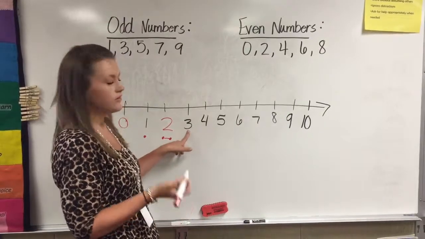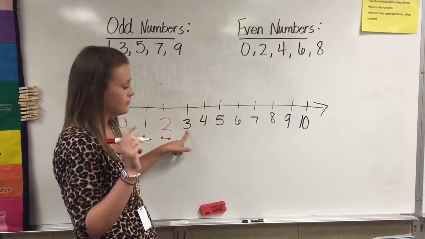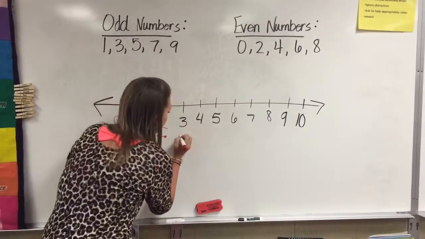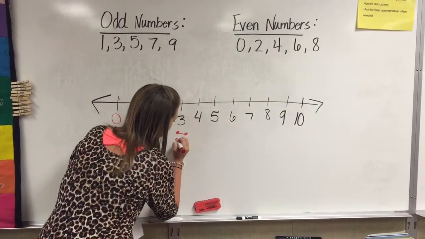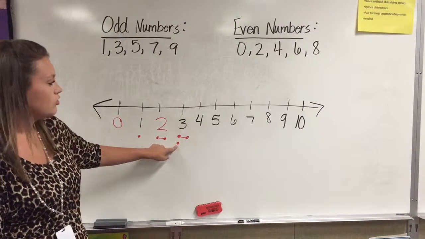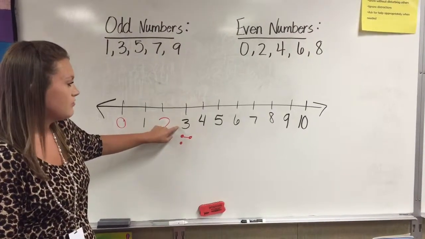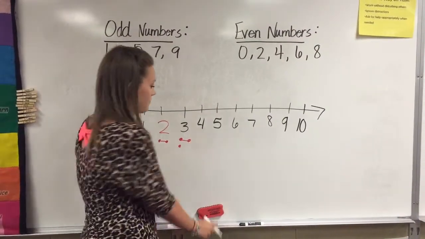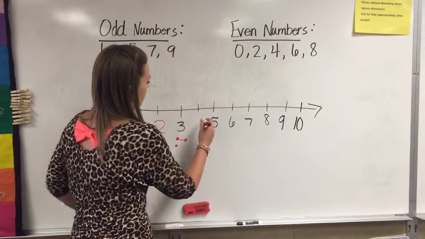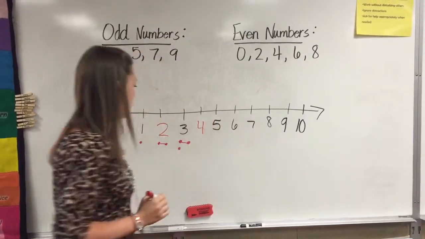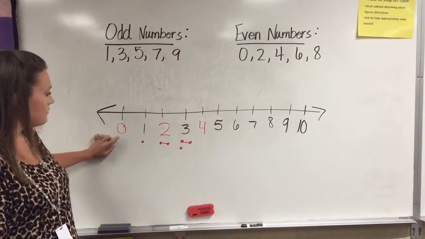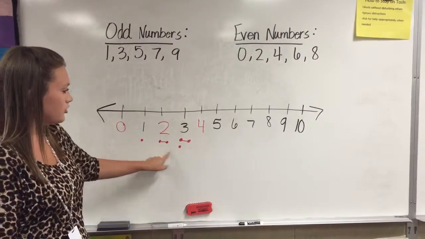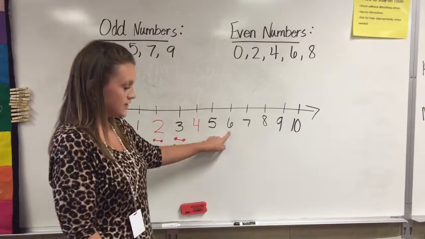3. You have 3 dots. There's 1 left over that has no partner. So you know that 3 is an odd number. Now with 4, 4 would be an even number because there is a partner. Now if you look at this and you start up here, you have 0, 2, 4, 6.